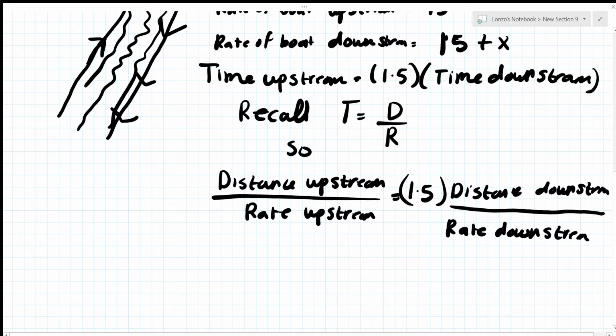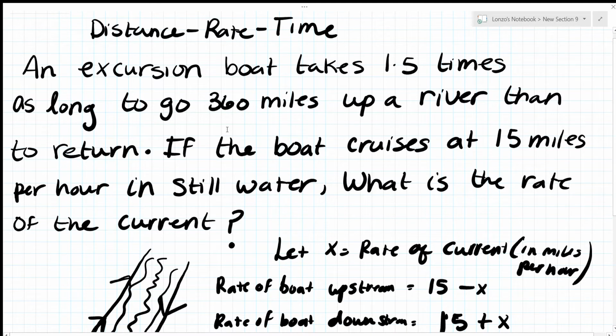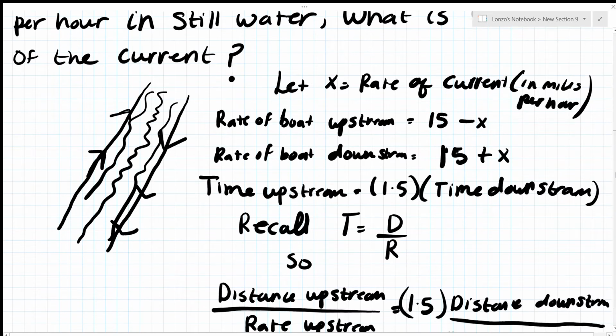So what is my distance upstream? Remember, it says it goes up to 360 miles. So the excursion takes 1.5 times as long to go 360 miles, so my distance is just 360.